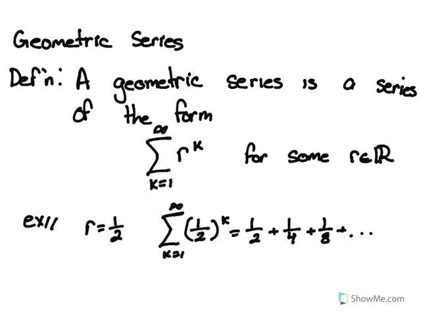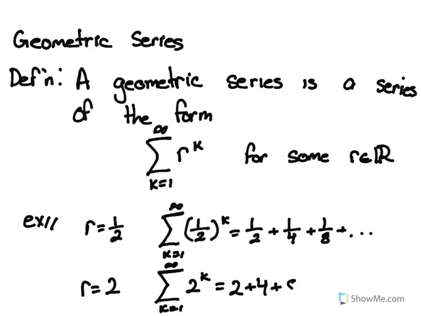This is actually the series from our turtle example at the beginning of this lecture. Another example is r equals 2. So the series is 2 to the k, which is equal to 2 plus 4 plus 8, and so on.